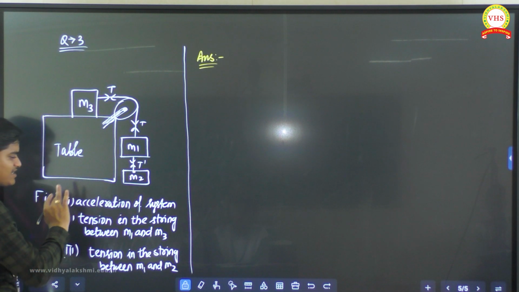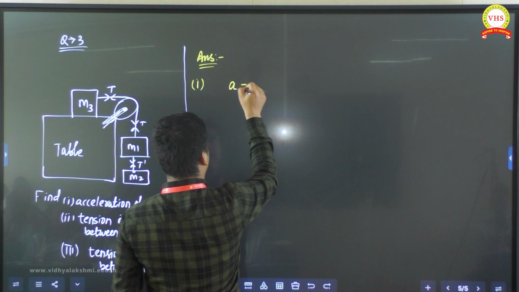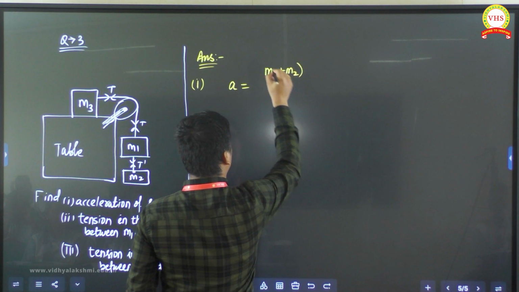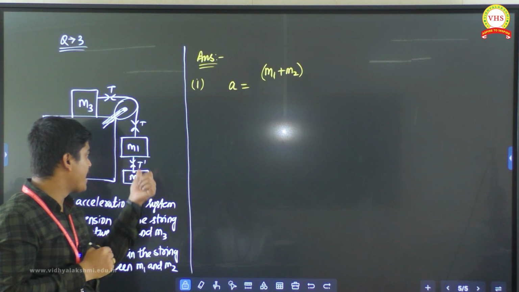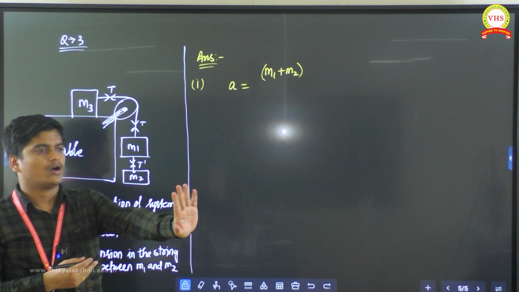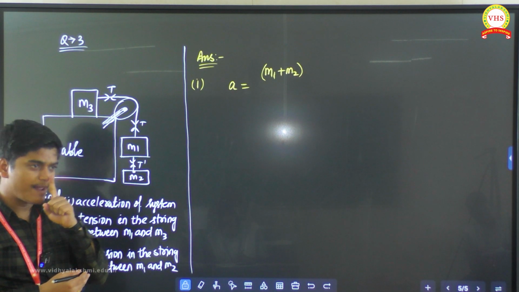And here you take the acceleration value G alone. So I will directly calculate the acceleration A. What masses are hanging, you say? Two masses are hanging. Together you consider M1, M2. M1, M2 masses are hanging. So that's why the hanging mass is M1 plus M2.